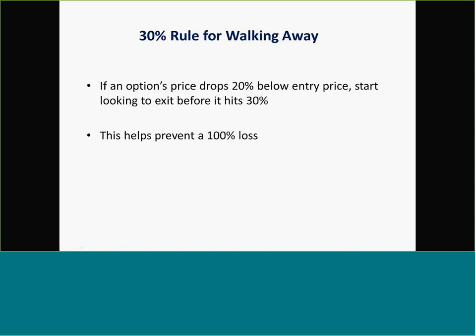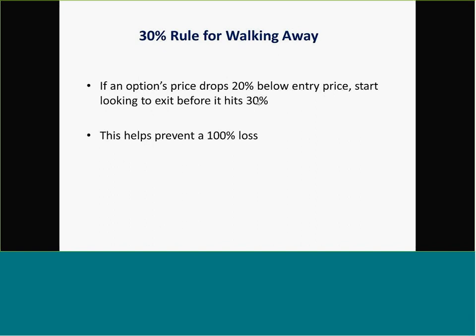If you purchase an ETF option and the price drops 20% below your entry price, you want to start monitoring that position. And then if the price drops 30% from your purchase price, then you simply want to exit the trade.